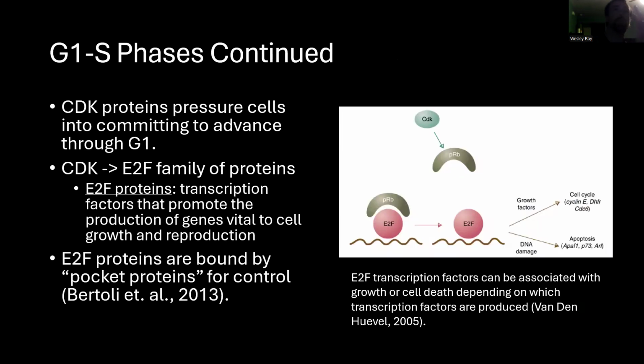Okay. So the G1 to the S phases continued, to build on that a little bit. CDK proteins, cyclin-dependent kinases, are pressuring cells into committing to advance through G1. They're doing this by encouraging the production of the E2F family of proteins. These are transcription factors that promote the production of genes that are vital to cell growth and reproduction.